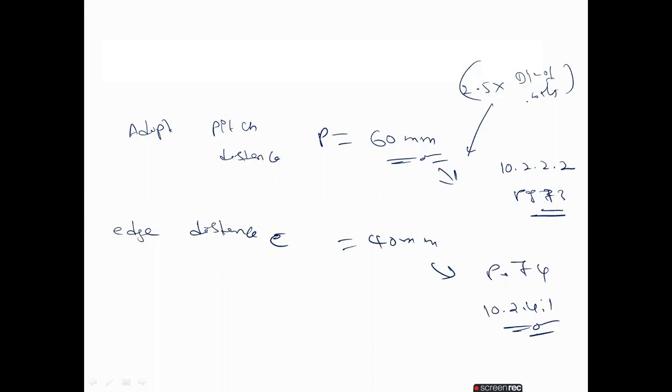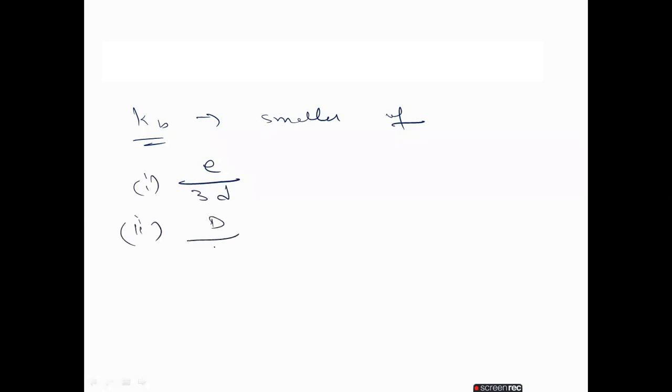Now, what is the formula to calculate the k_b value? It is the smallest of: first condition, e by 3 d_0. The second condition is p by 3 d_0 minus 0.25. The third condition is f_ub by f_u. And the fourth condition is 1.